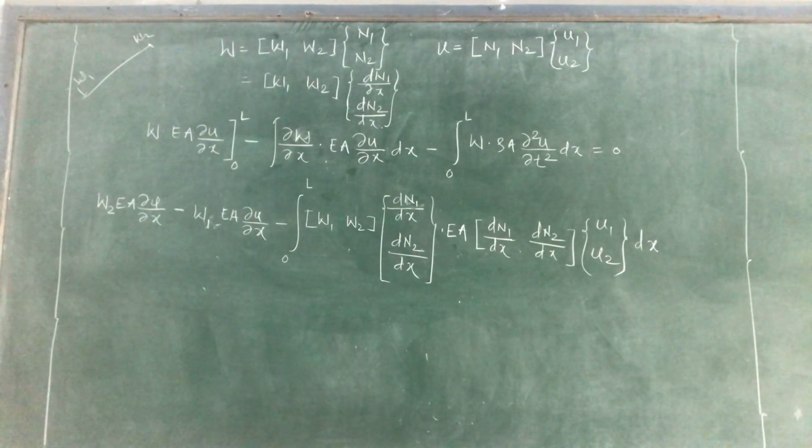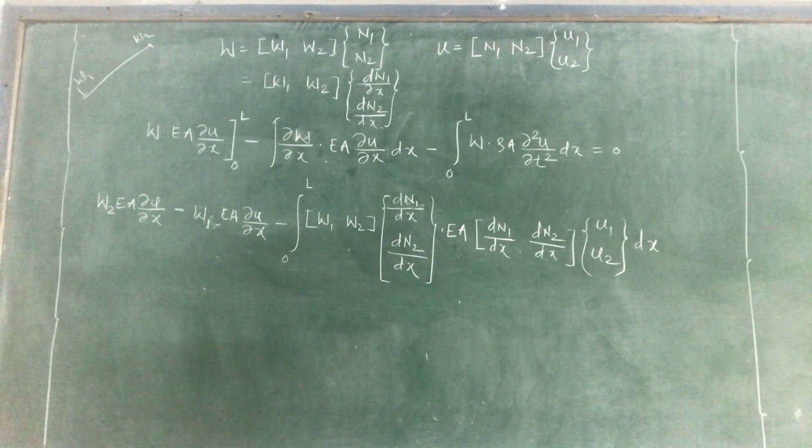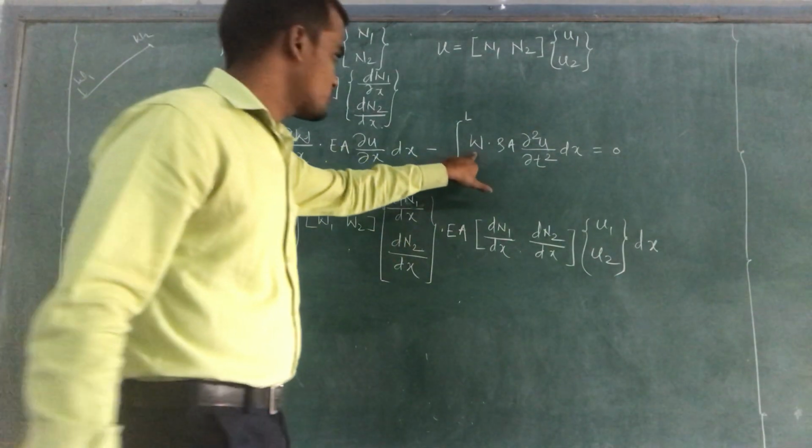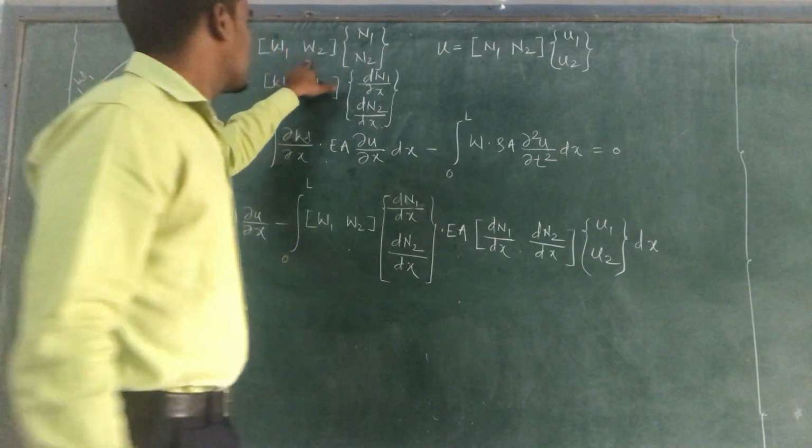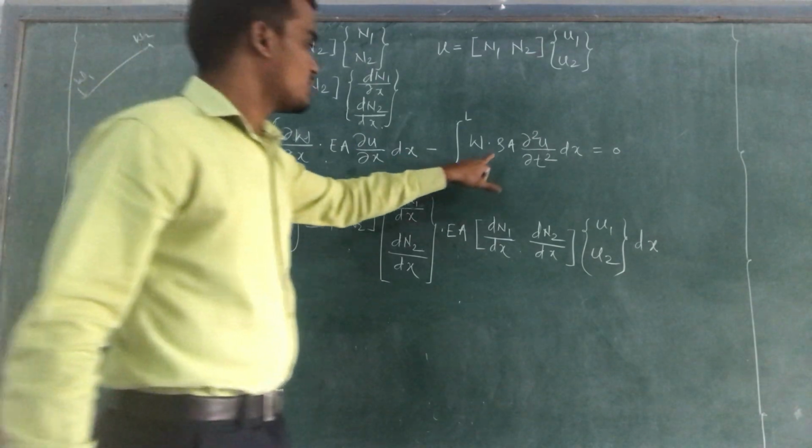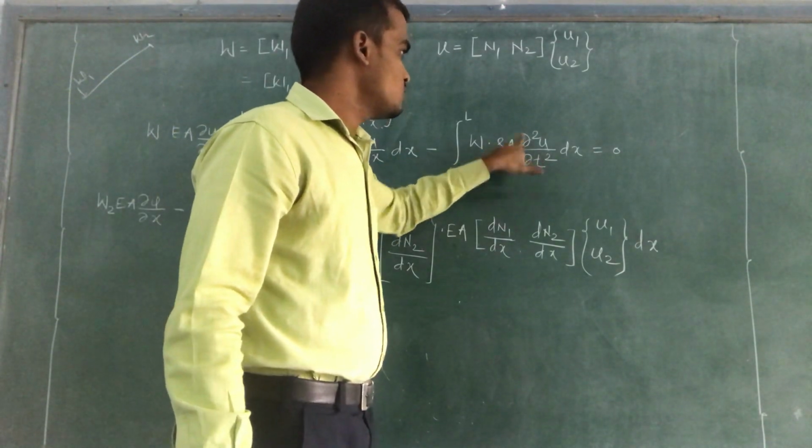Minus the last term. For the last term, instead of w, we need to write [w1 w2] and [N1 N2], then rho A into ∂²u/∂t².